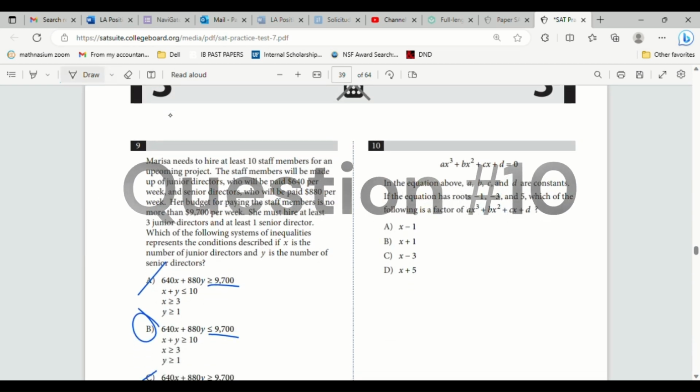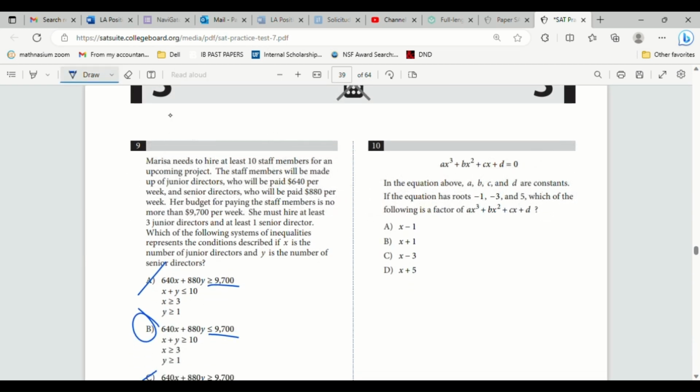Number 10, in the equation above, A, B, C, and D are constants. If the equation has roots -1, -3, and 5, which of the following is a factor? So factors are always written, like the choices show, as an x plus or an x minus something, right? And so the roots are when these are set equal to 0. So the roots, x equals -1, -3, and 5.